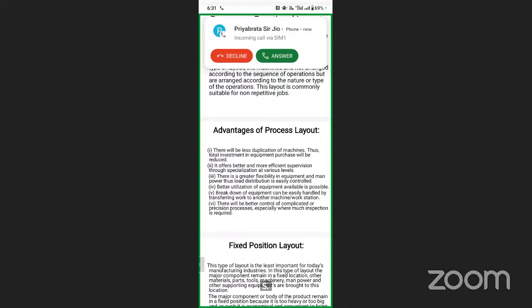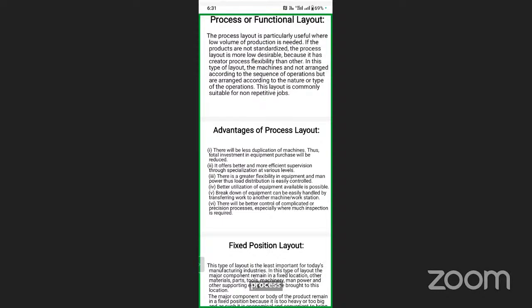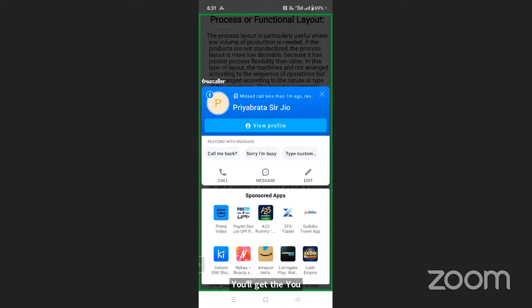What are the objectives of facility layout? And what are the advantages and types of layout? We also discussed product layout and process layout. You will find out the difference between product layout and process layout.